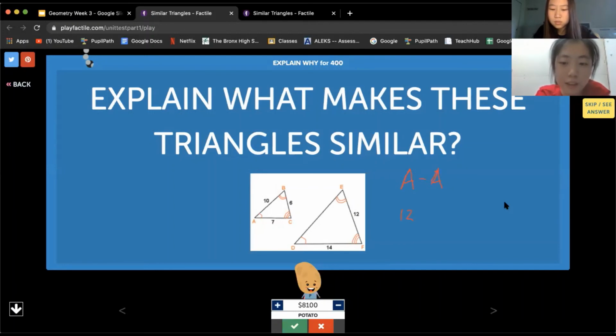As you can see over here, the 2 sides of the triangles are indeed in proportion. So that's why these 2 triangles are similar. And they have also labeled the angles, which means the corresponding angles are congruent.